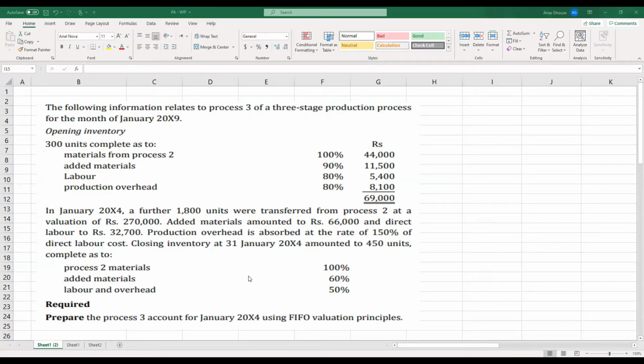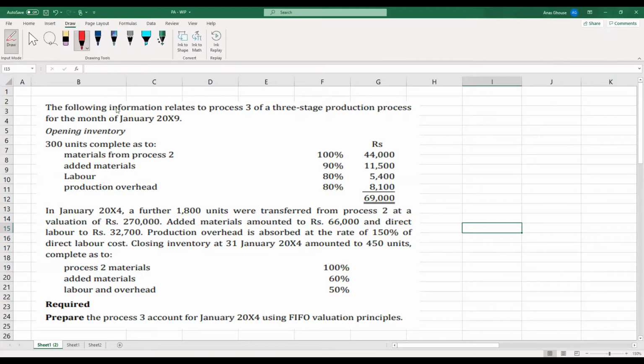The following information relates to process 3 of a 3-stage production process for the month of January 2004. You are given the opening inventory, 300 units, complete as to material from process 2, 100% completed in process 2.